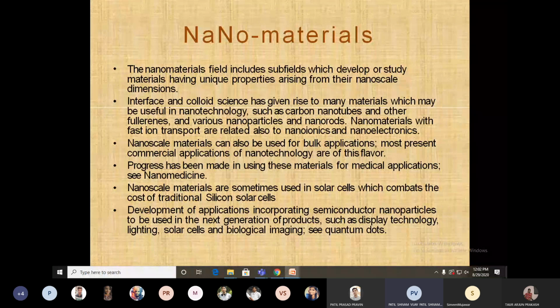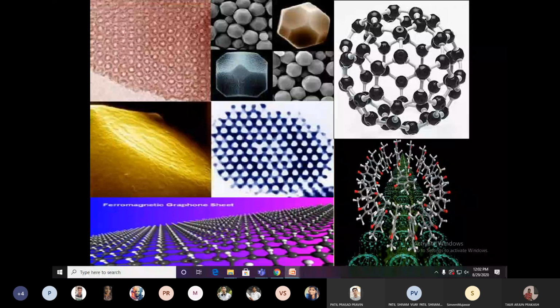Development of applications incorporating semiconductor nanoparticles to be used in the next generation of products such as display technology, lighting, solar cells, and biological imaging. See quantum dots. See means example. These are some pictures of nanoparticles.